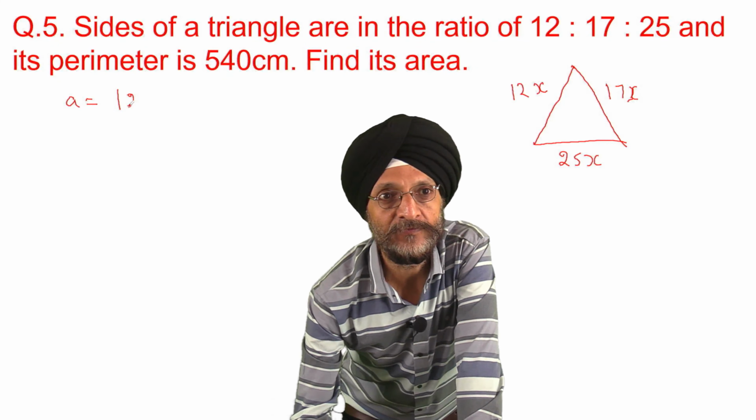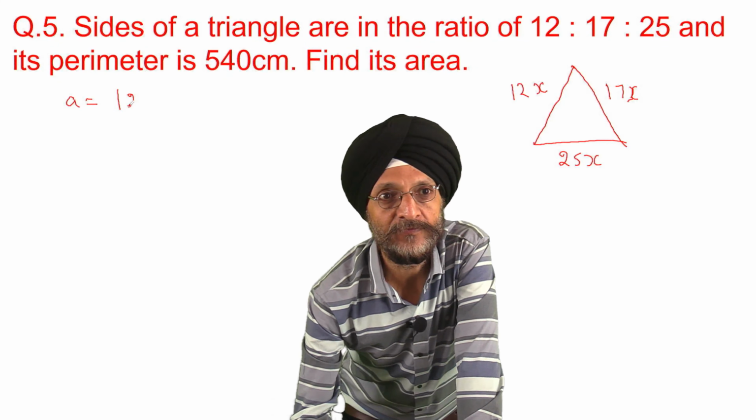Then the value of x is equal to 540 divided by 54, and this value of x is 10 centimeter. In other words, the value of A is equal to 12x is equal to 120 centimeter. Value of B is equal to 17x is equal to 170 centimeter, because we have filled in the value of x.